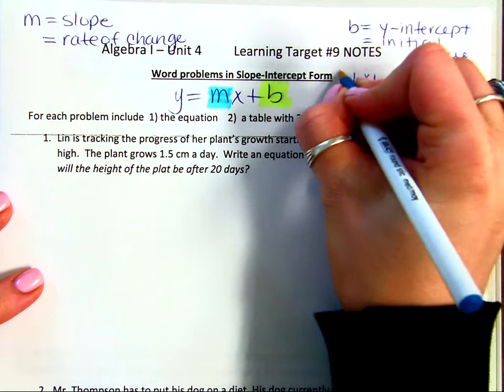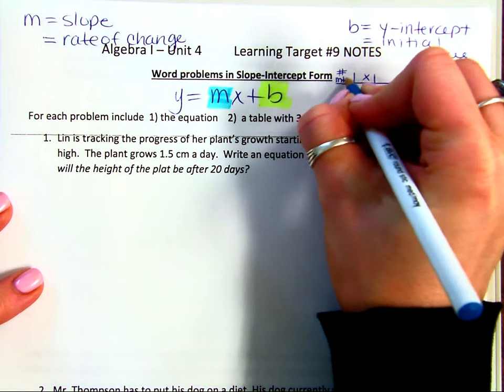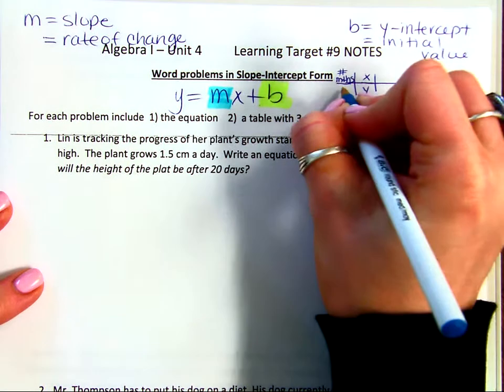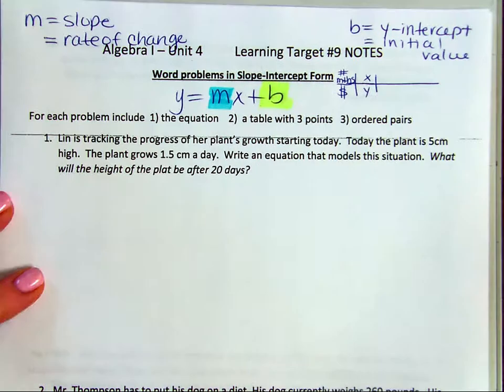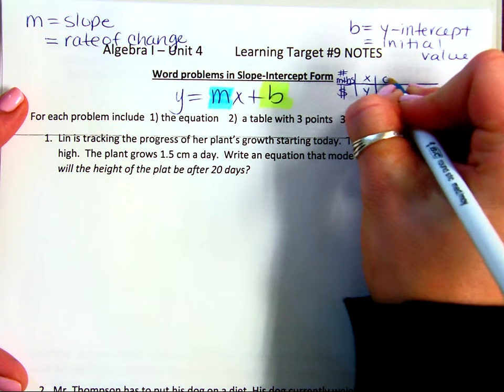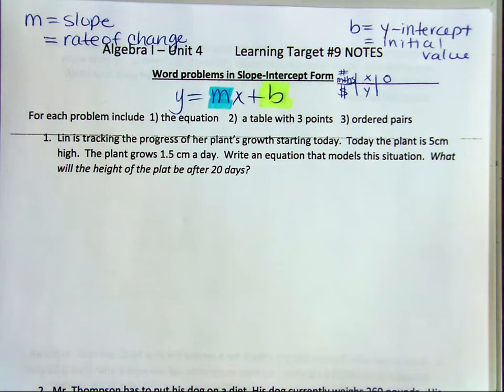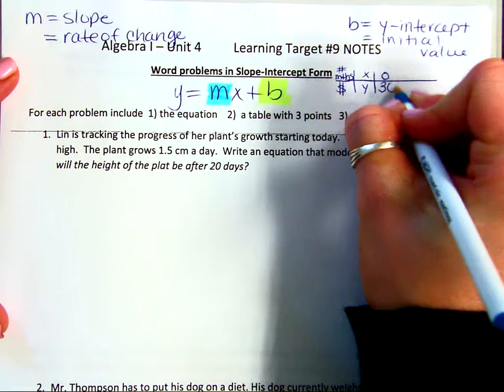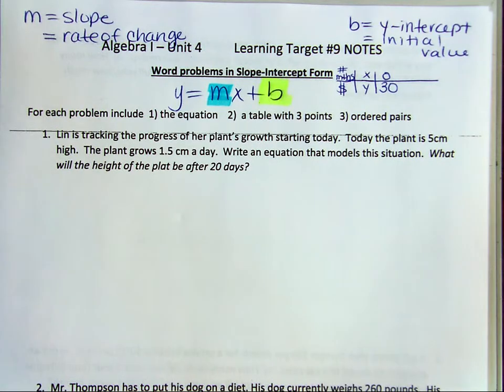So this is the number of months in my Planet Fitness example, and this would be my cost, how much money it's cost me. So let's say I don't even get out there and lift one weight or jump on one treadmill. How much money have I paid this place yet? Already, $30. Because they don't even let me come into the gym until I've paid that initial value, right?